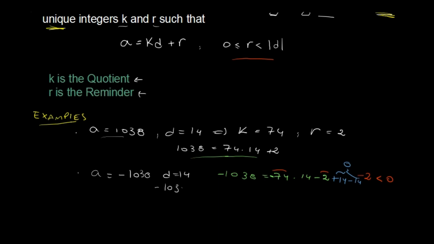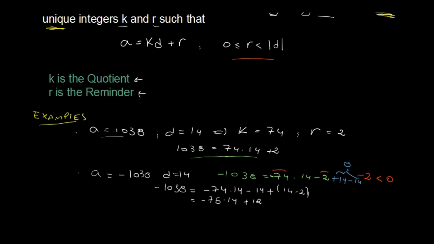So now rearranging this, what we get is that minus 1038 equals minus 74 times 14 minus 14 plus 14 minus 2. And this is minus 74 plus minus 14, which is minus 75 times 14, plus 14 minus 2, which is 12.